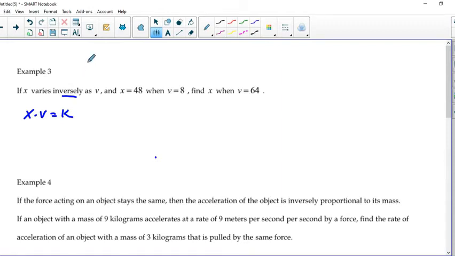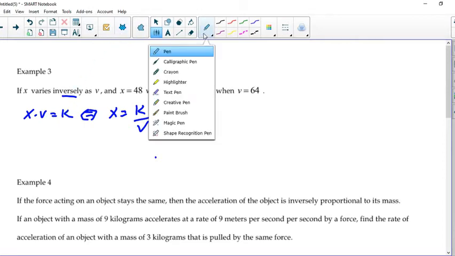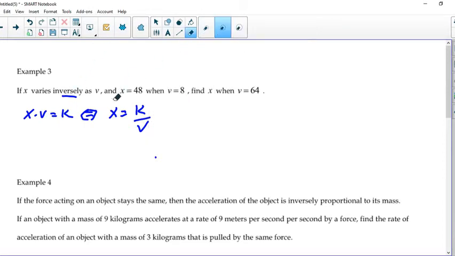Or I could say x is equal to k over v, okay?